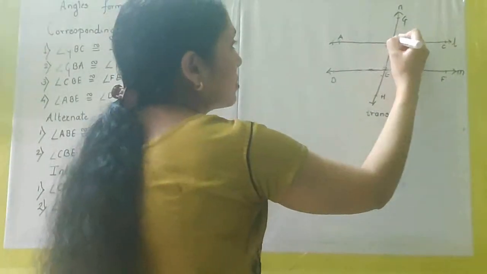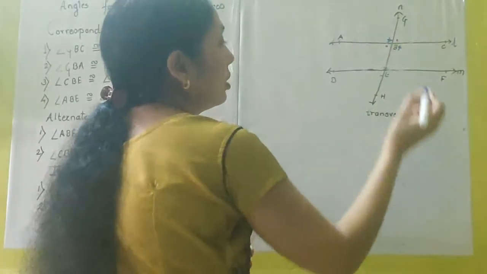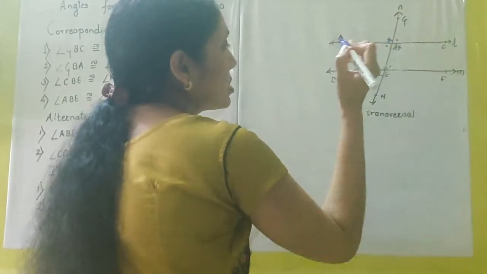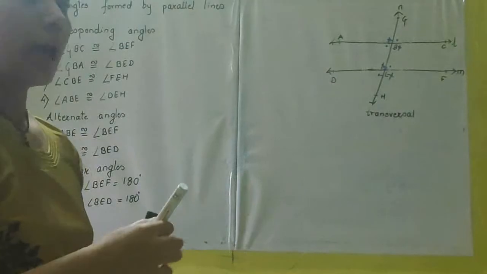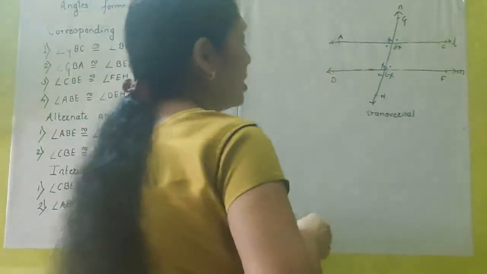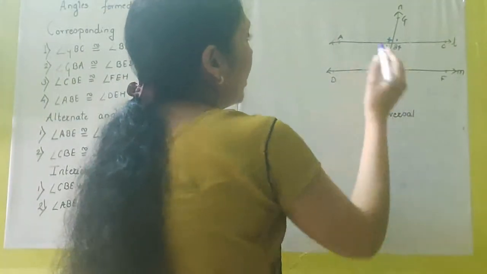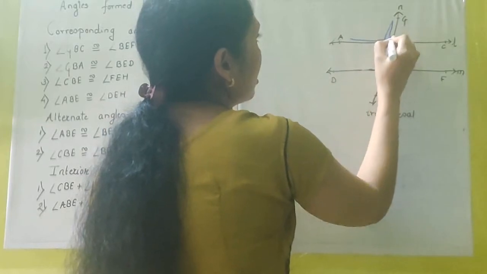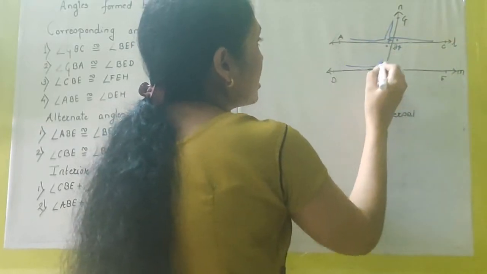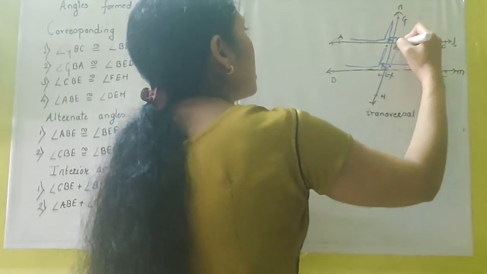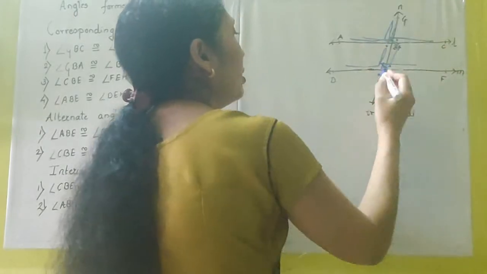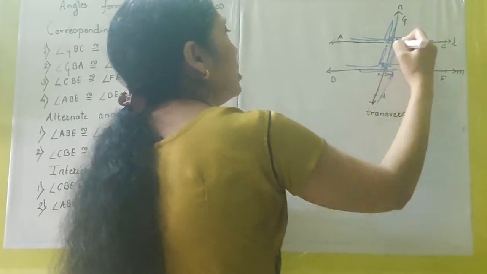This is a vertically opposite angle, then this is vertically opposite, and this is vertically opposite. Then linear pairs. In case of linear pairs, I'll draw a line like this. This and this form a linear pair. Again, this and this form a linear pair. Even this forms a linear pair, and this also forms a linear pair.